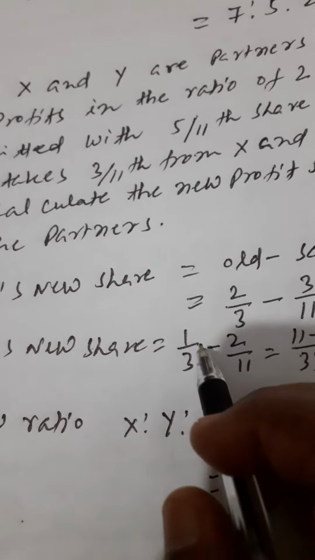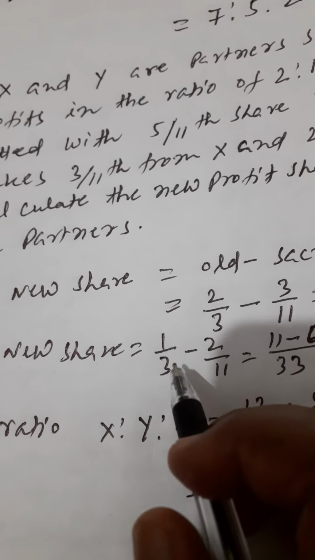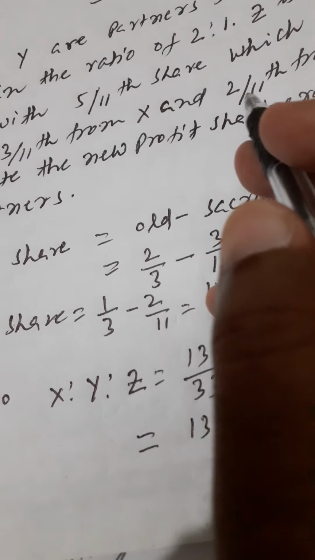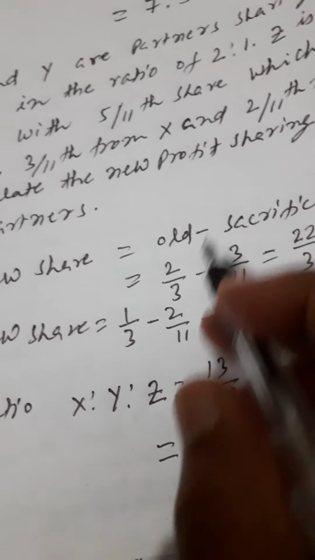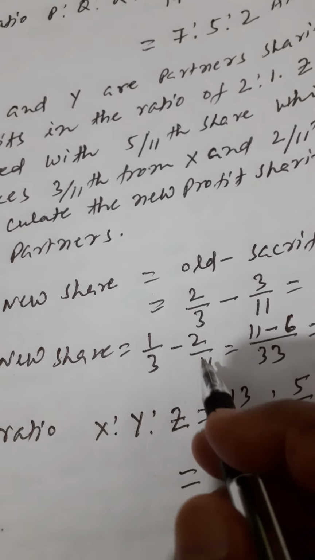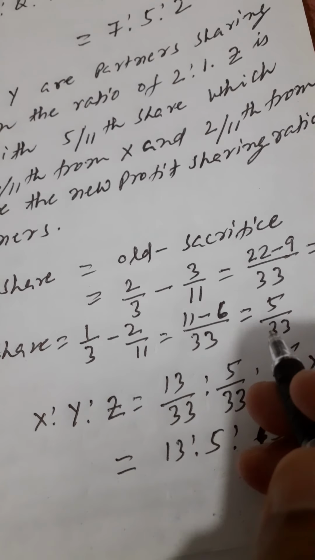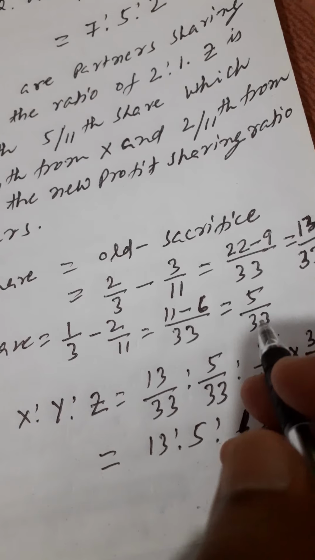Y's new share equals old share 1/3 minus sacrifice 2/11. 2/11 is given in the question. So by deducting 2/11 from old share 1/3, you will get 5/33.